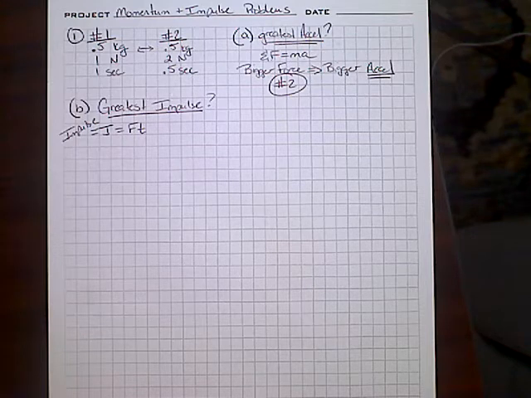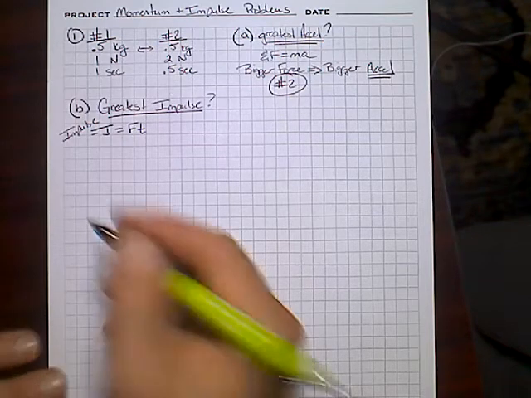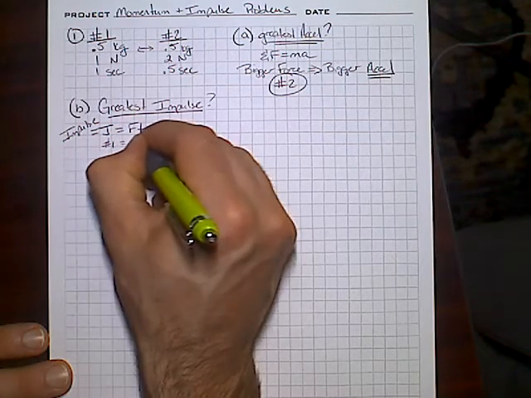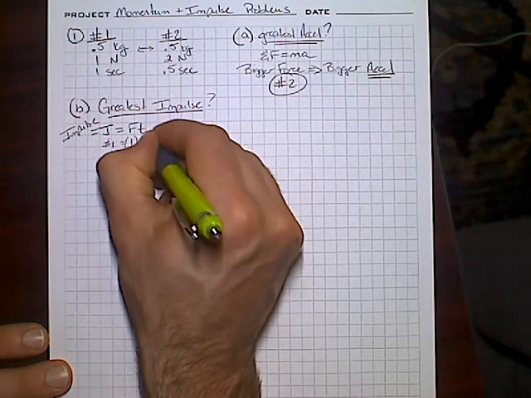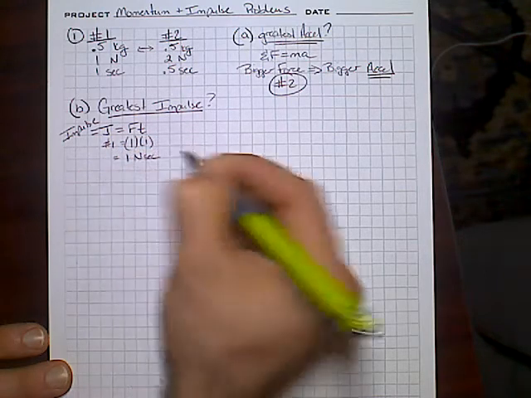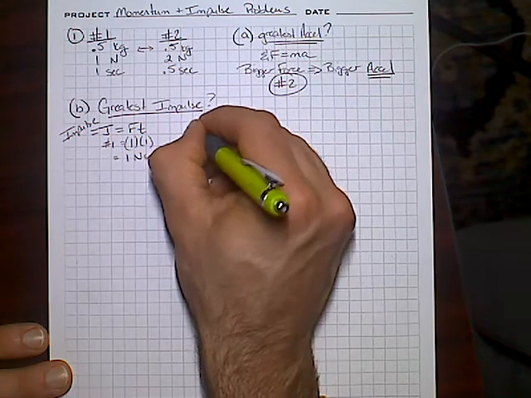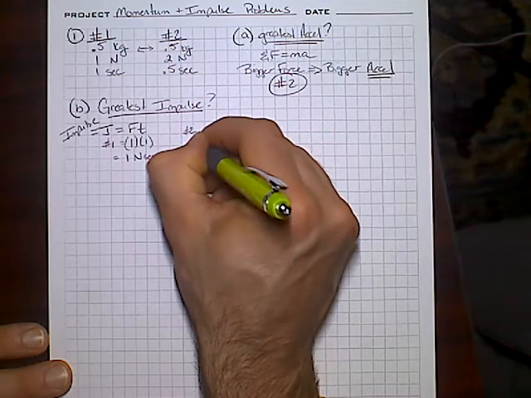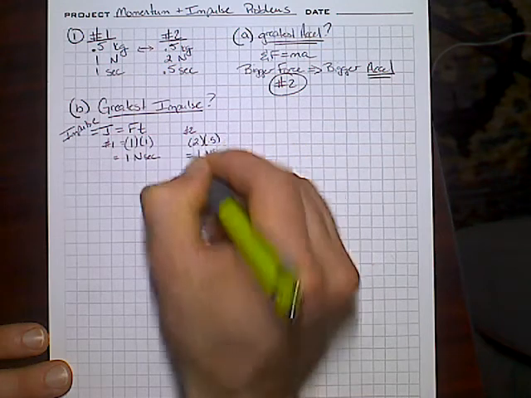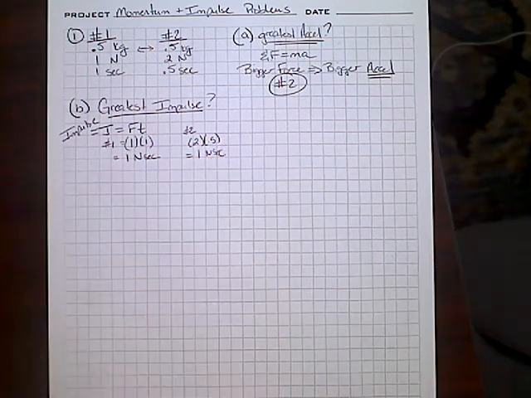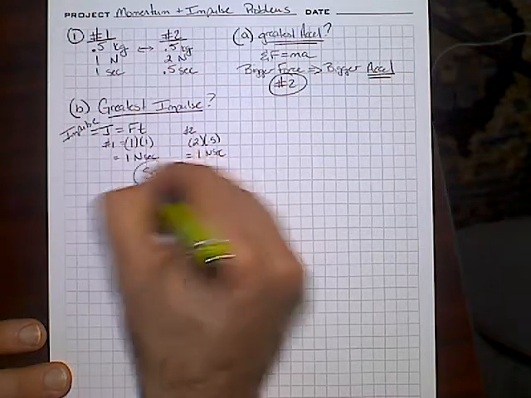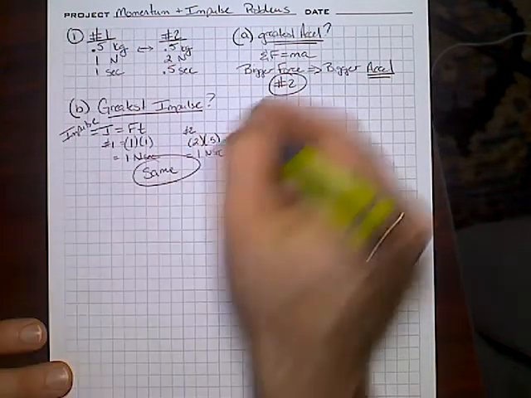So we can just simply calculate this. For cart number one, it is equal to 1 times 1, which is 1 Newton second. And for cart number two, it is equal to 2 times 0.5, which happens to also be 1 Newton second. So we find out that the impulse is the same for both carts 1 and 2.